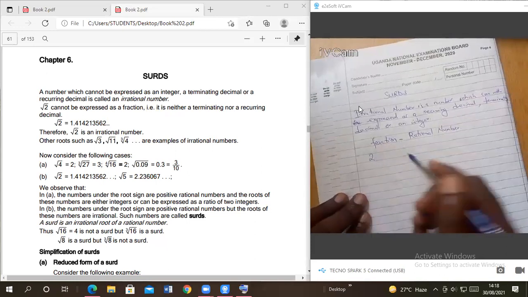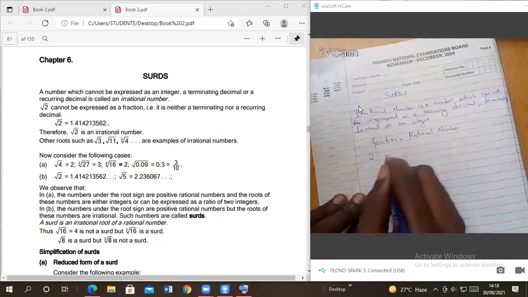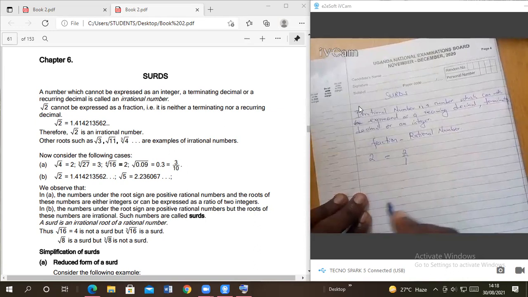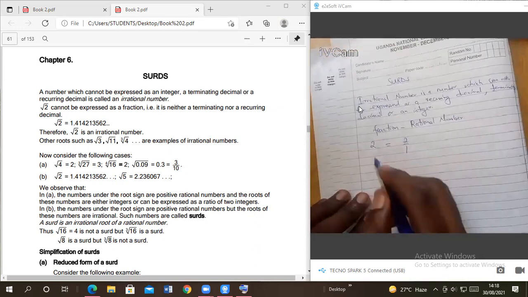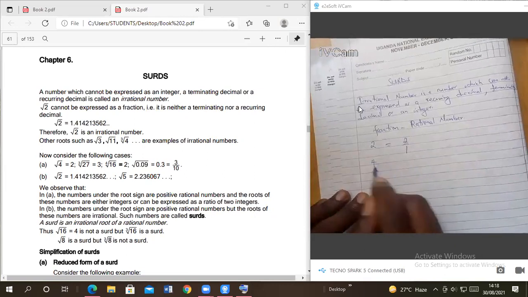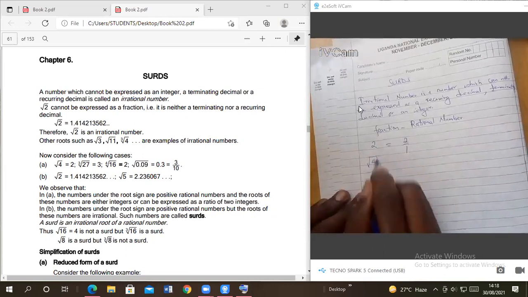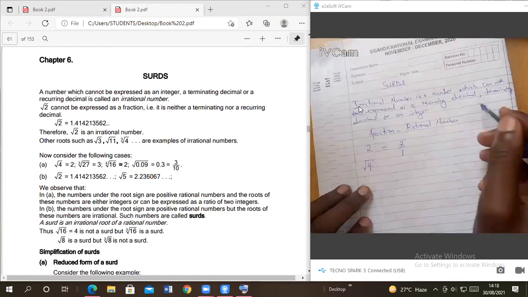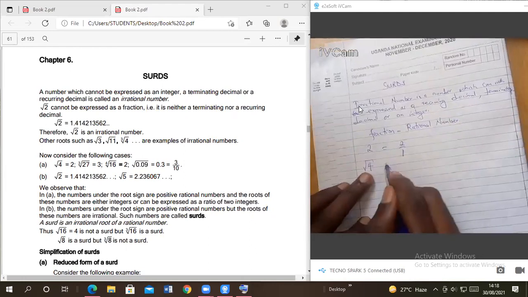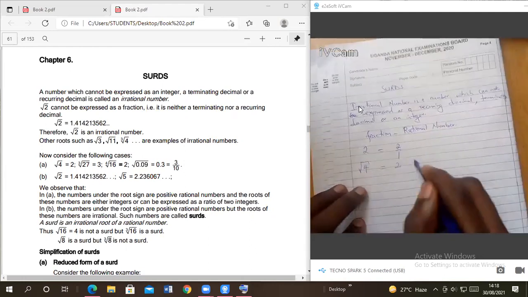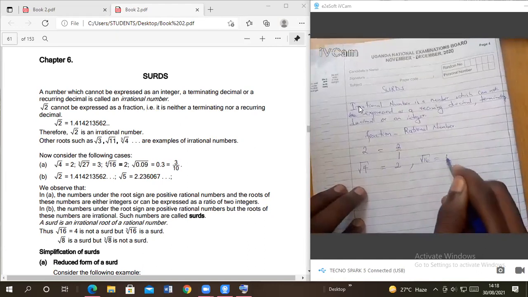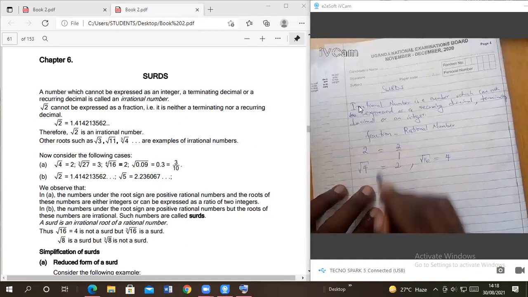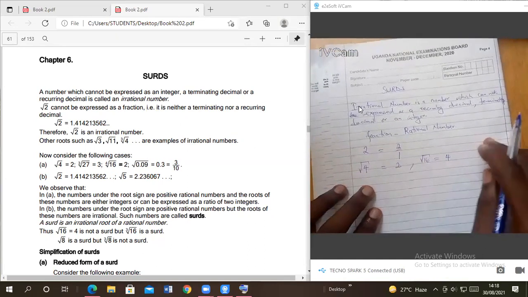Like 2, I can write it as a fraction. 2 is the same as 2 over 1. Like the square root of 4, I know the answer is 2. The square root of 16 is 4. So all these numbers you are seeing, they are rational numbers.